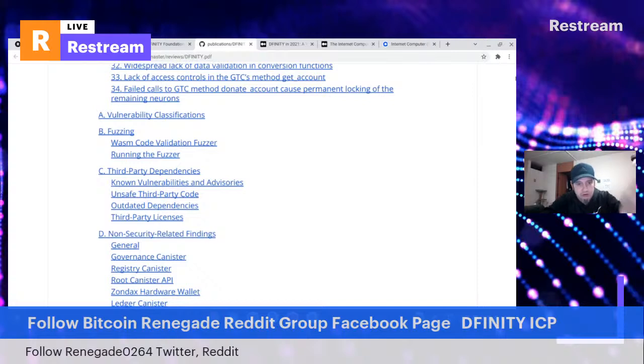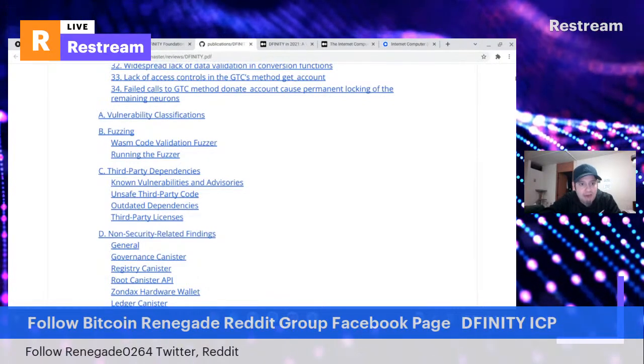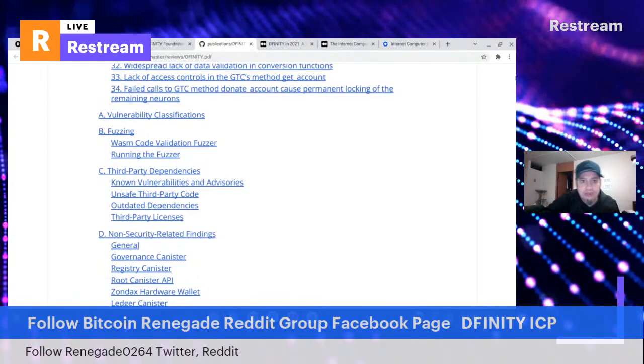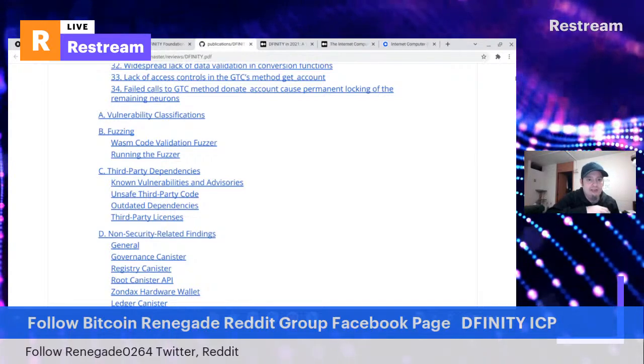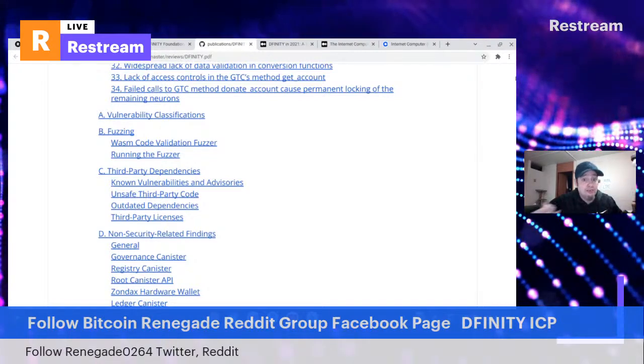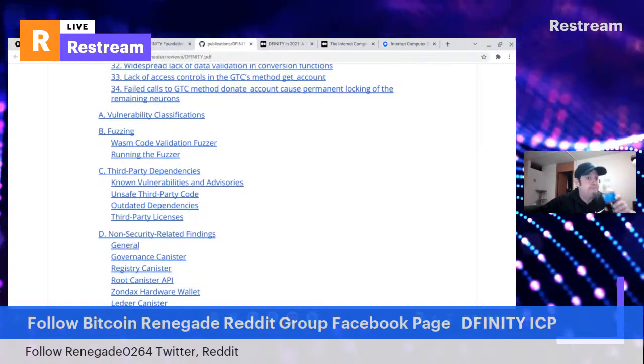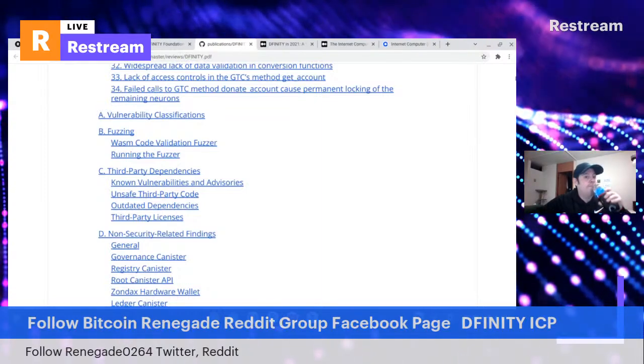But as long as they're doing their due diligence, having these companies come in and do all that they need to do to keep the project safe, I'm liking that. That's good news for us holders, especially long term, and us Neuron holders as well.